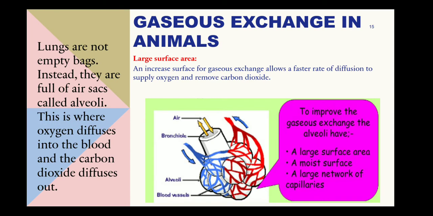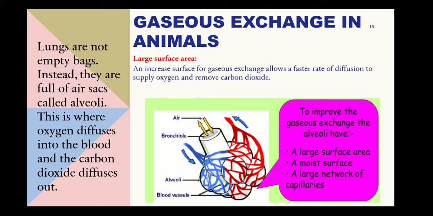Now, how does this gaseous exchange take place? An increased surface for gaseous exchange allows a faster rate of diffusion to supply oxygen and remove carbon dioxide. Now, what is diffusion? Diffusion is the movement of gas from an area of high concentration to an area of low concentration.